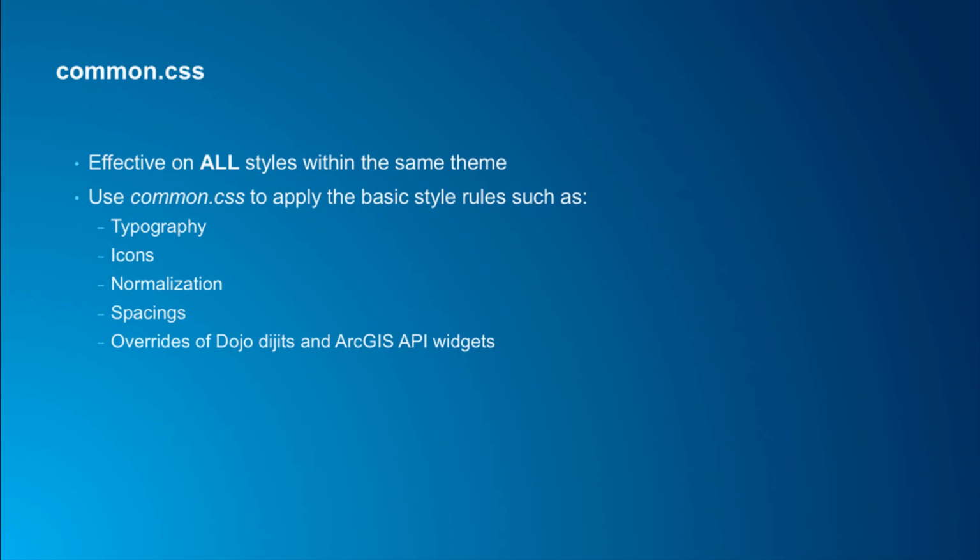And here my recommendation is to use this file to only overwrite the basic styles. For example, the fonts, the icons, and the normalization, which is usually that reset CSS.